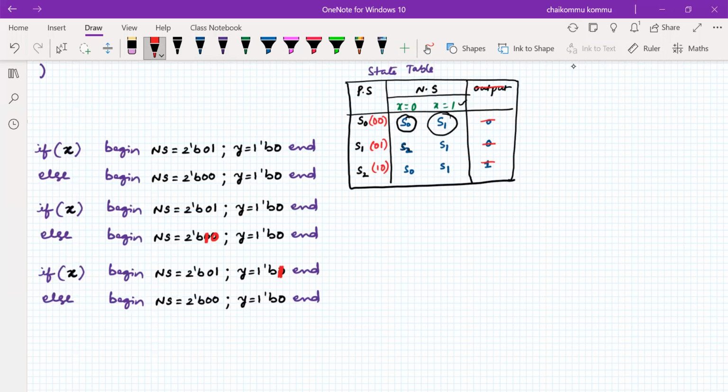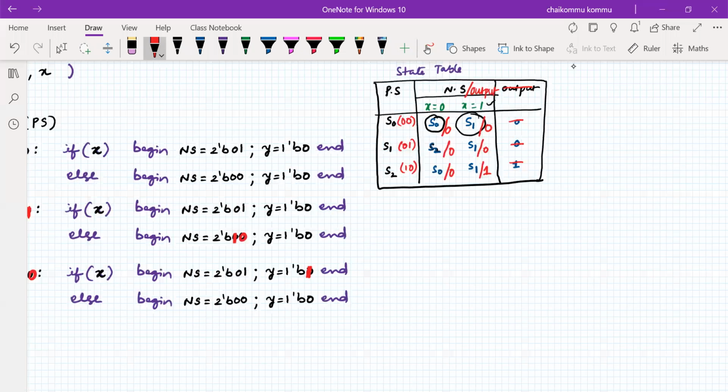So by 0, by 0, by 0, by 0, by 0, by 1. This is actually the notation, next state comma output. This is the usual notation people will use, next state followed by output, right? So in that sense, it is a very meaningful way.